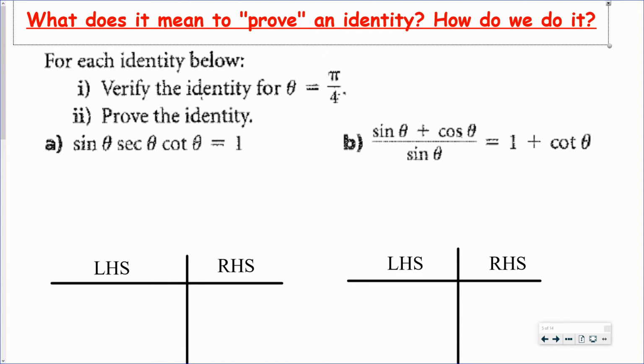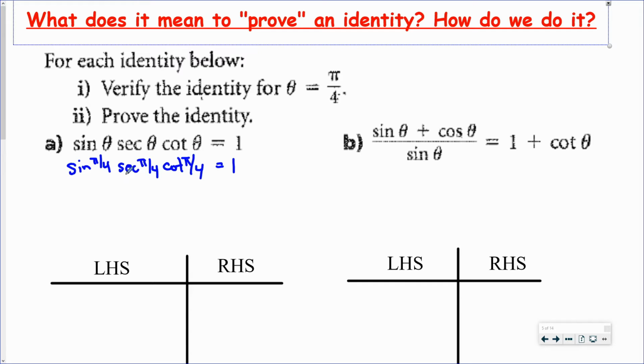So here we go. We're going to plug in theta is pi over 4 into this identity. Your work might look something like this: sine pi over 4 times secant pi over 4 times cotangent pi over 4, and this supposedly equals 1.